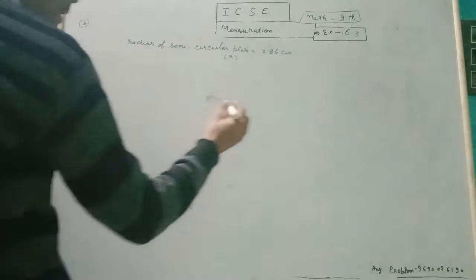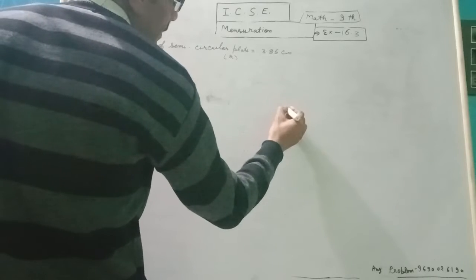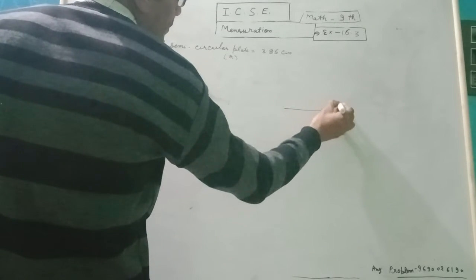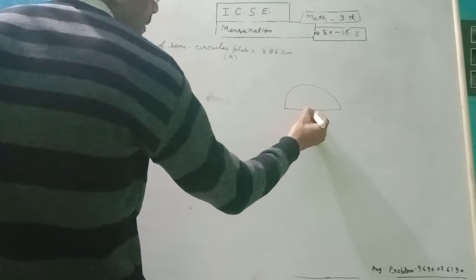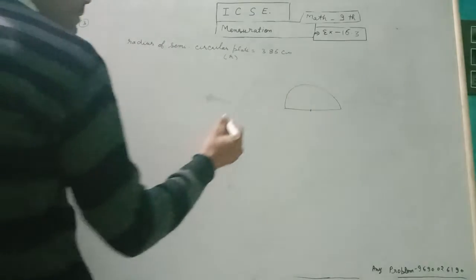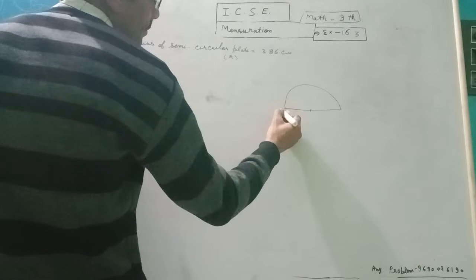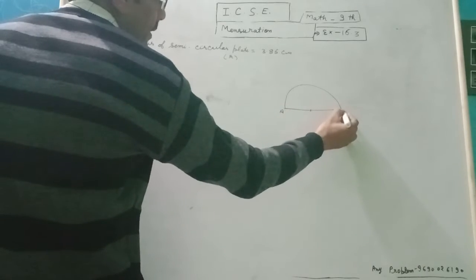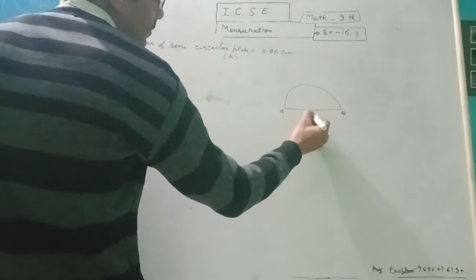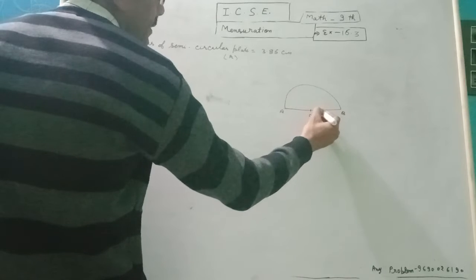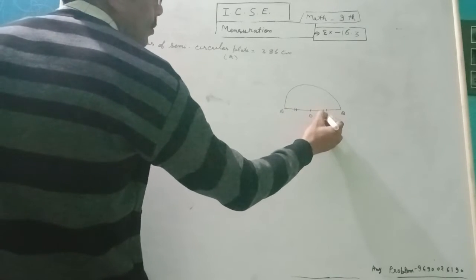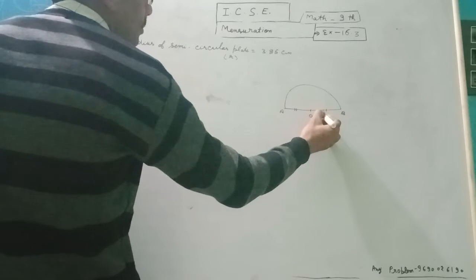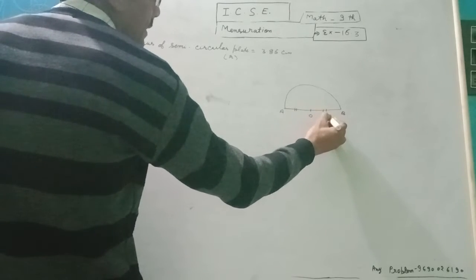Find the perimeter, that is the figure. Semicircle plate, radius. AB is diameter, OA is equal to OB, radius.